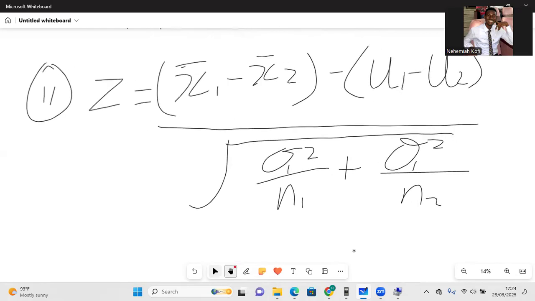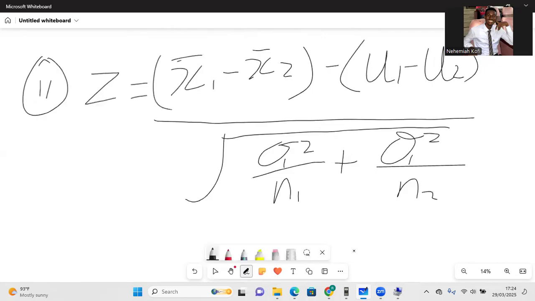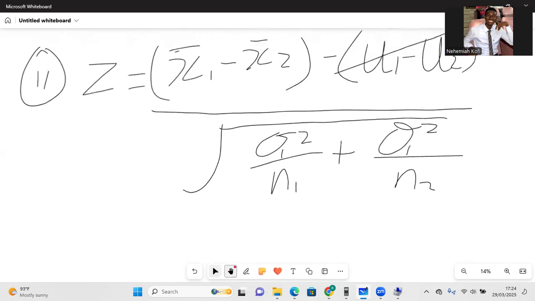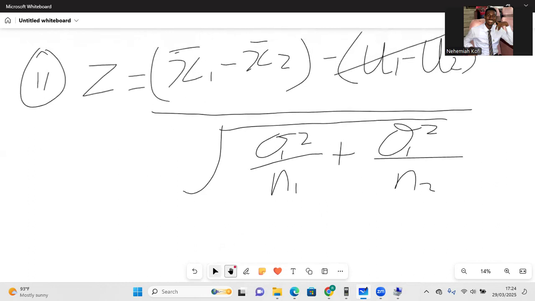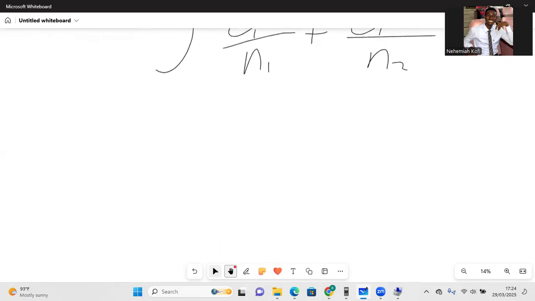Now, because the hypothesis was saying that μ1 minus μ2 is equal to 0, this will be cancelled out, right? We won't actually do it because it's equal to 0. We are only going to do x bar 1 minus x bar 2, like that.